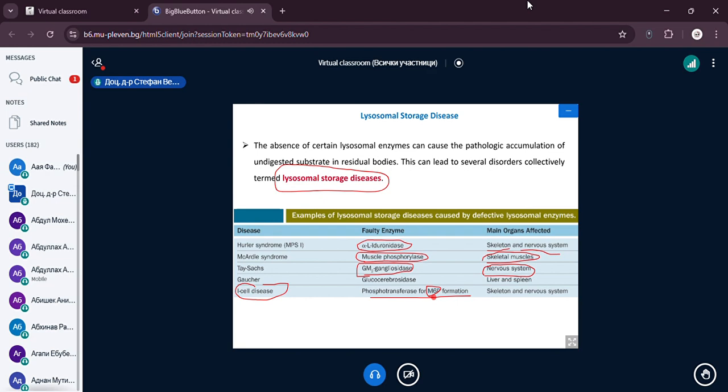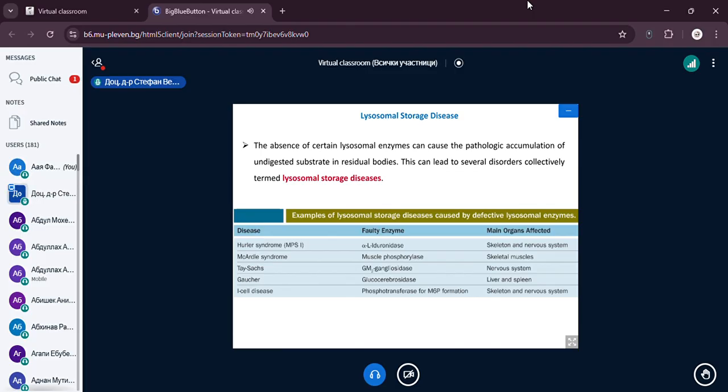And because they cannot be marked, they cannot be recognized in the Golgi complex to be included in the primary lysosomes. The Golgi complex produces empty lysosomes, which lack enzymes. So lysosomes are not really formed. And this is I-cell disease. I comes from inclusion cell disease.